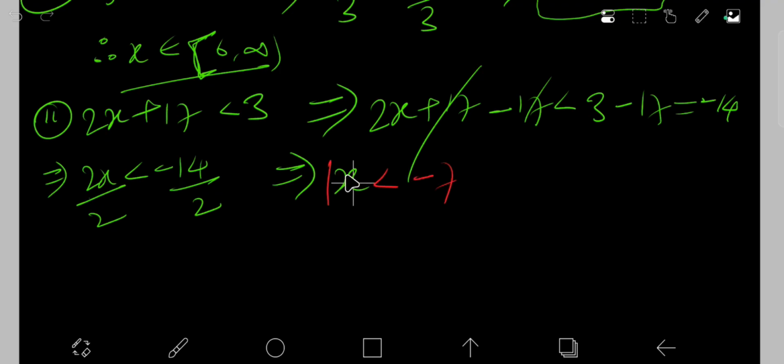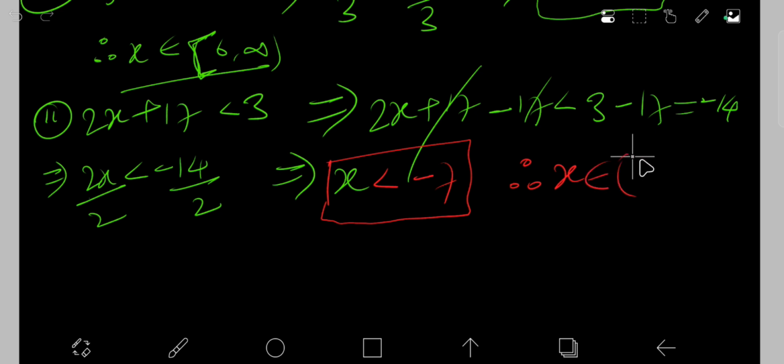This is our solution of the inequality, but the final solution we write in interval form. The minimum value of x is minus infinity, and the greatest value is minus 7, which we take here or not, because the inequality sign is not given here.